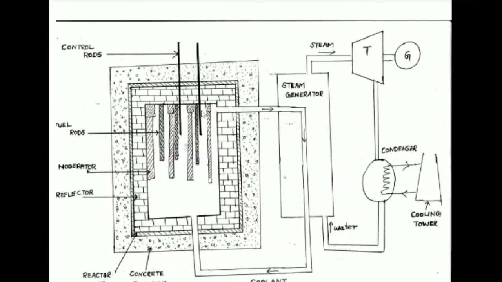Hot coolant is passed through the steam generator. After transferring the heat, it is pumped back to the reactor vessel. Then from the steam generator, steam goes to the turbine, drives the generator, steam after use goes to the condenser, condensed water goes back to the steam generator. This diagram you can easily draw.